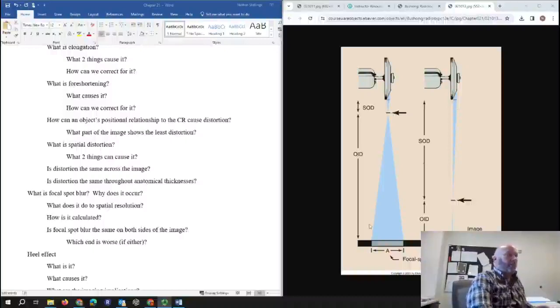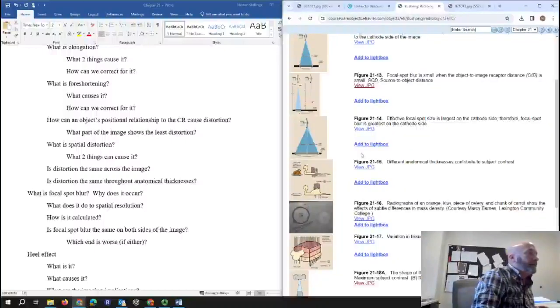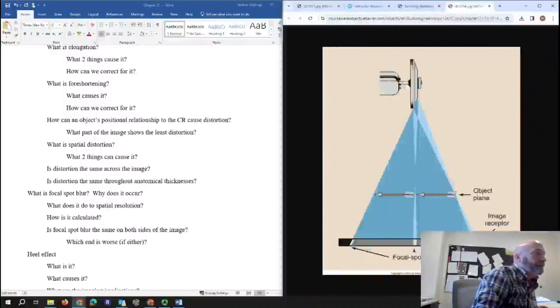So we looked at the effects of the focal spot blur as it comes off of the anode. As the X-ray beam comes off of the anode, we create X-rays, and they're isotropic. As they leave the anode, they are projected with equal intensity in all different directions, and that's isotropic emission.